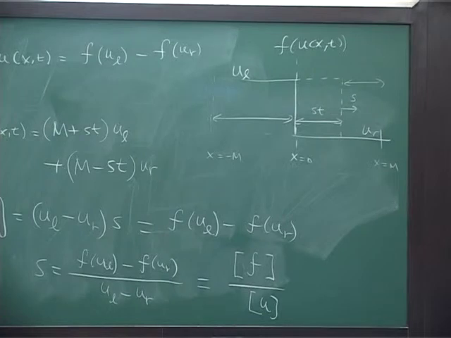One of the equations that you solve in that graphical solution is this one right here. You find the shock speed, and you go through that process. That's one part of solving the Riemann problem for a shock. So that's where that comes from.